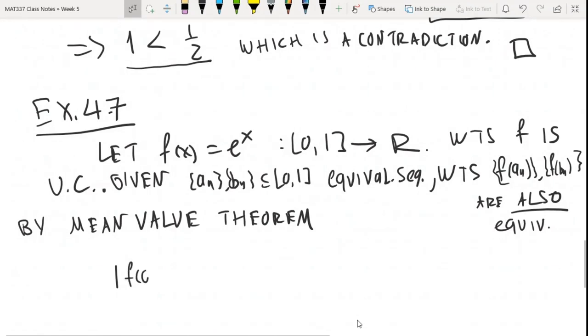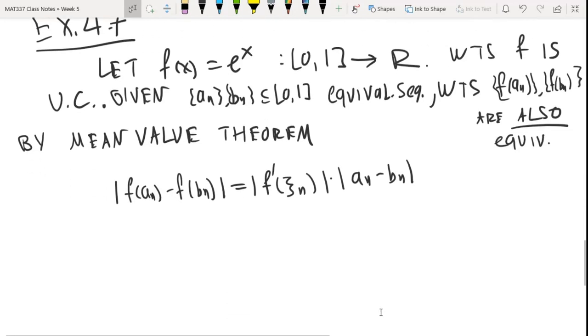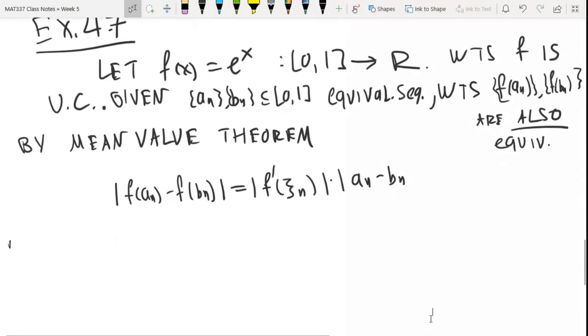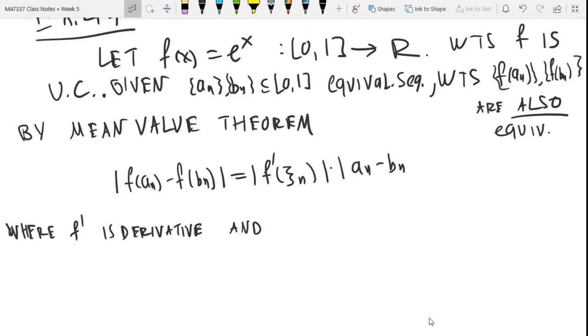So by mean value theorem, this is equal to the derivative of f at psi n times their distance, where f prime is the derivative, and psi n is a mean value.